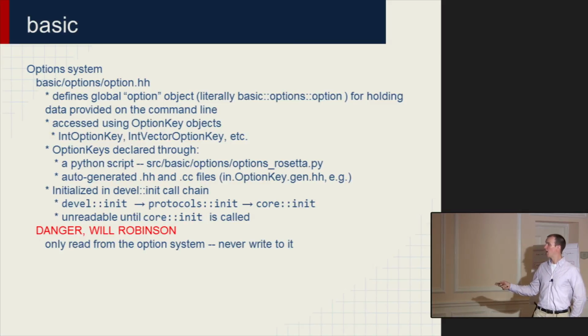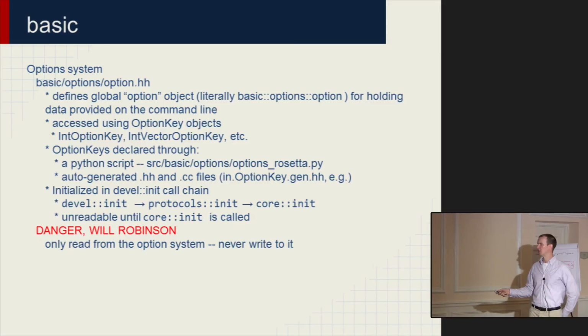You access it using option key objects. Last night you used the in-file s option key object. The option class has a bunch of different versions of the operator square bracket so that you can access it as if it were an array or a standard map.